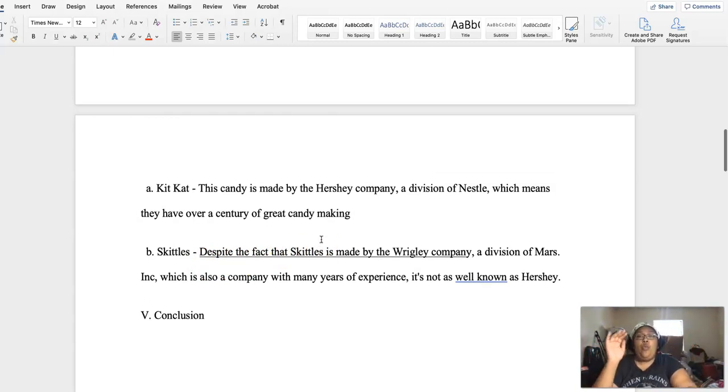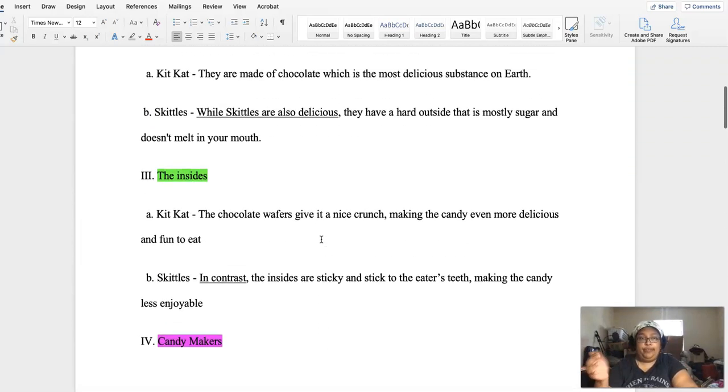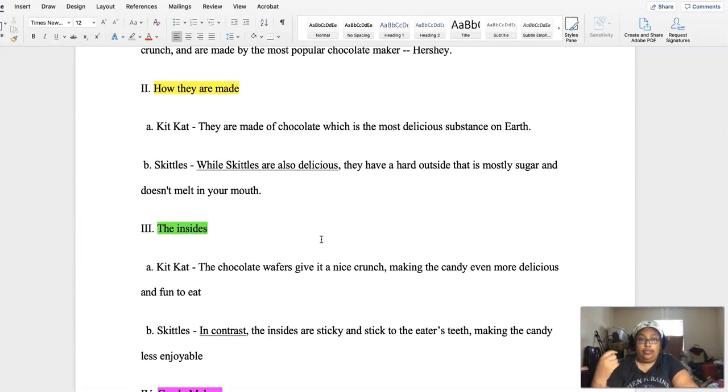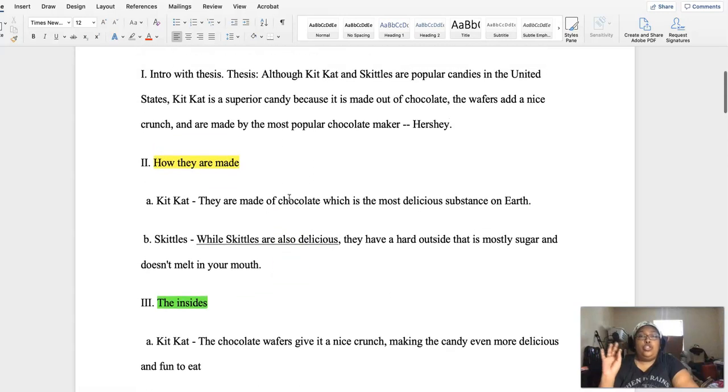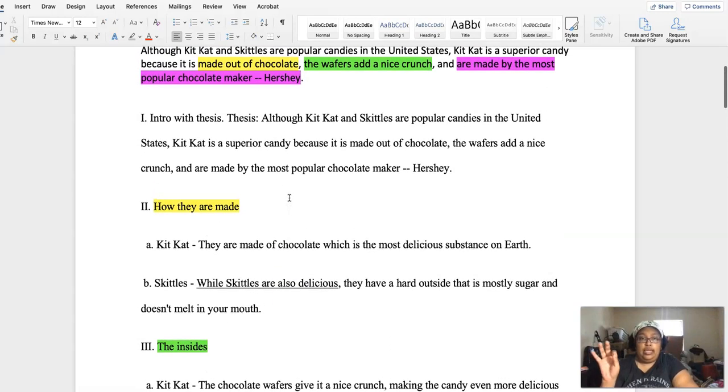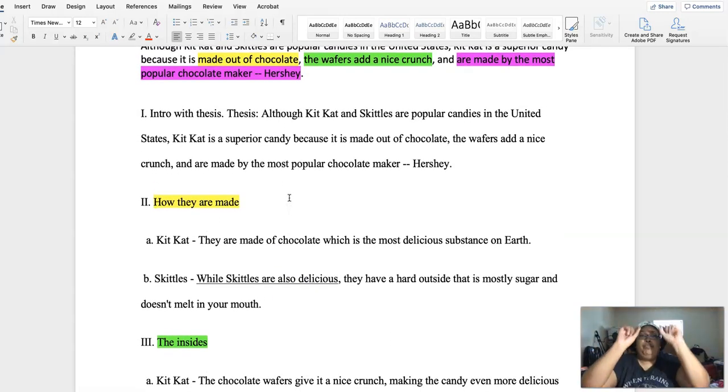So I want to point out a couple of patterns here. Pattern 1. When we're doing point by point, it's literally each paragraph is one of those prongs of the thesis here, like the yellow, the green, and the purple, or pink, pinkish purple, whatever.